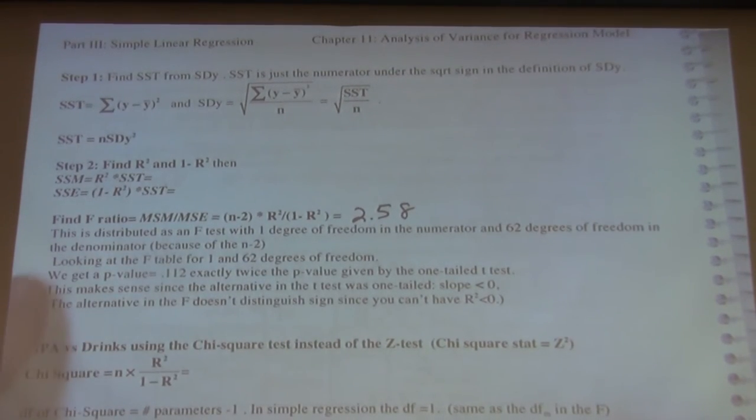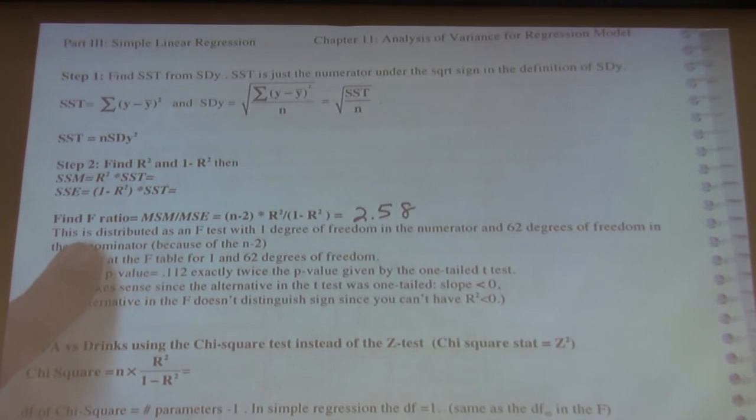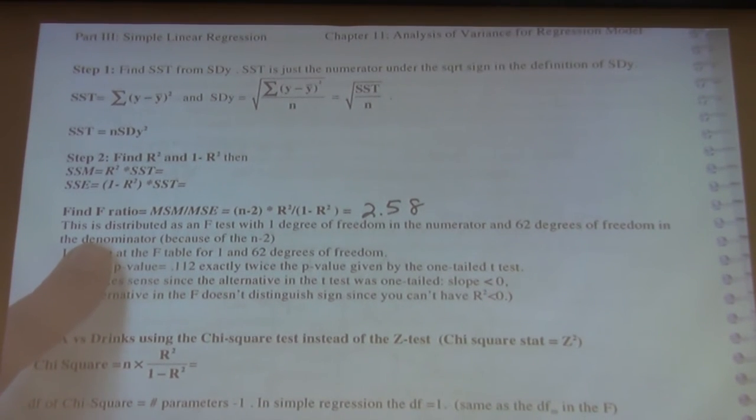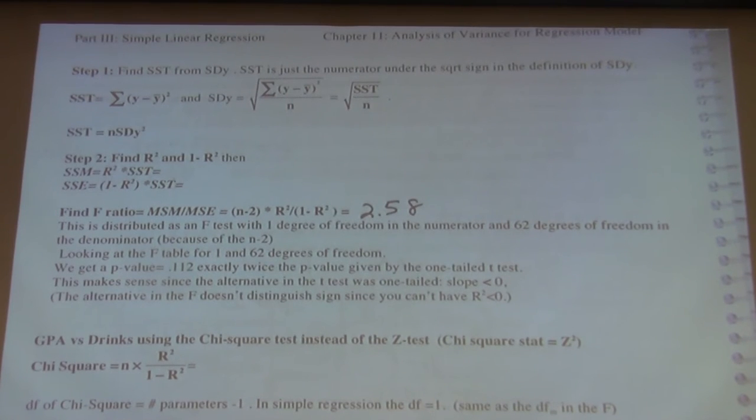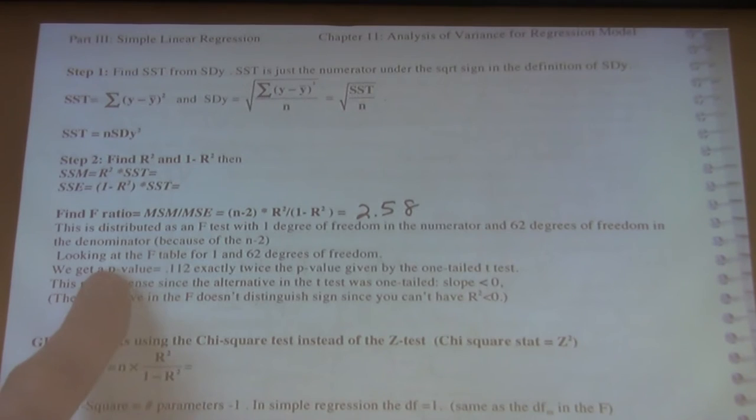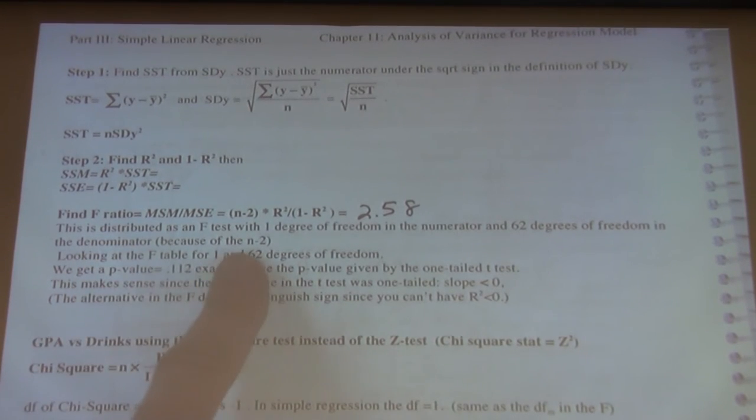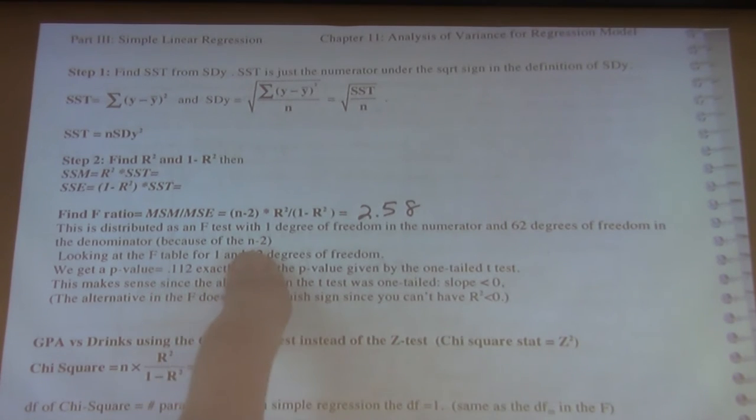Okay. Now, this F ratio, so you remember how the t curves were a whole family of curves depending on your sample size? Now, it's not only dependent on the sample size, n minus 2, that was the same for the t curves to test the null that the slope was equal to 0.